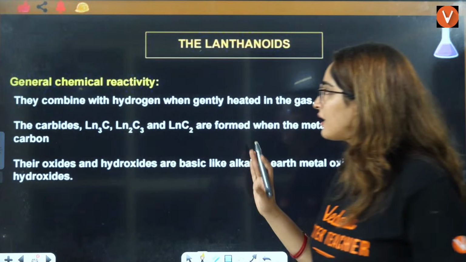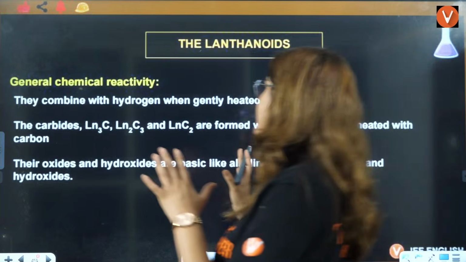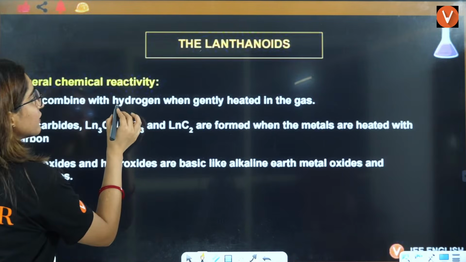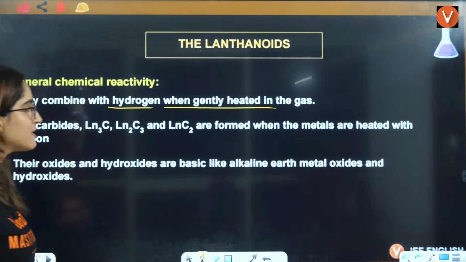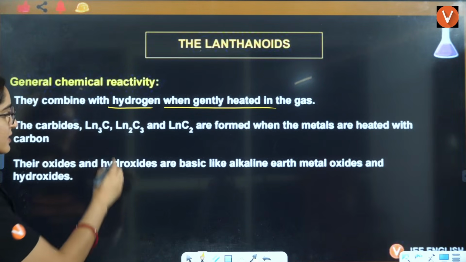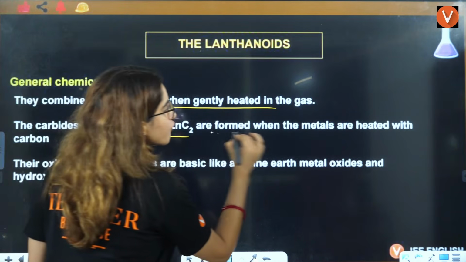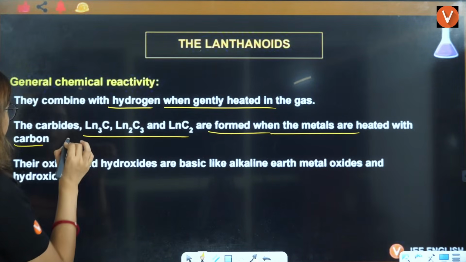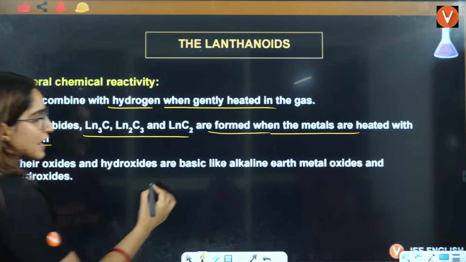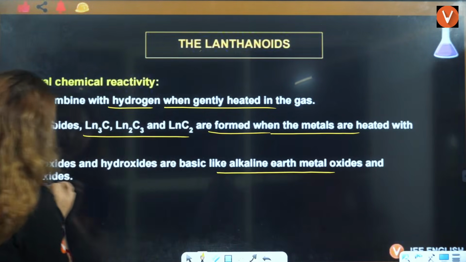Now the general reactivity: they combine with hydrogen when gently heated in the gas. The carbides are formed when metals are heated with carbon. Their oxides and hydroxides, like alkaline earth metals, are also formed.